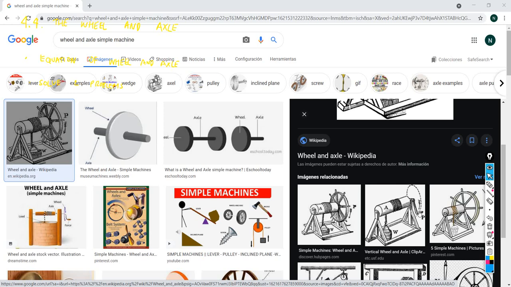So basically, what is the advantage of just having the handle instead of the whole wheel? Well, the advantage is that obviously the handle has less mass than the whole wheel, because you can imagine the wheel as having like 6 handles and then the perimeter and so on, and that's going to add mass to the whole system.